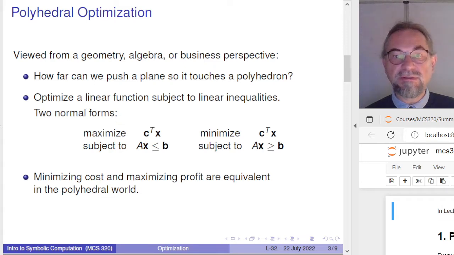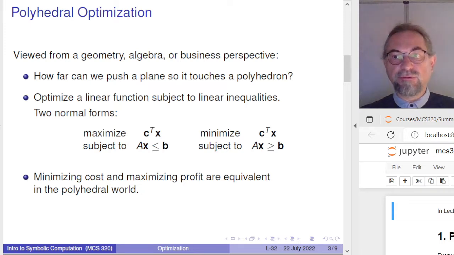So polyhedral optimization is a very specific problem, but at the same time it's extremely widely used. One can see it from the context of geometry. We have a polyhedron and we have a plane, and we want to find where that plane touches the polyhedron, so that it just touches at a corner or at an edge or at a facet.